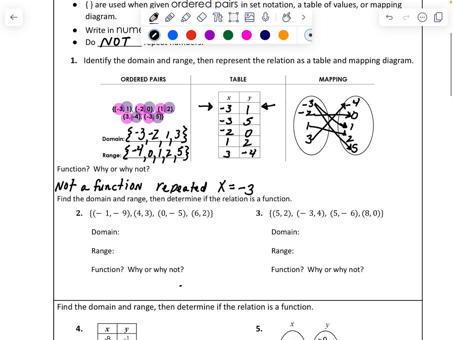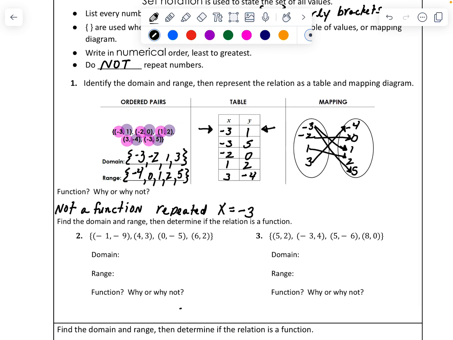Now let's look at number 2. So again, let's identify our x. So we have -1, 4, 0, and 6. So use your curly brackets, and we're going to do negative 1, 0, 4, and 6. And then for my range, I have negative 9, 3, negative 5, and 2.